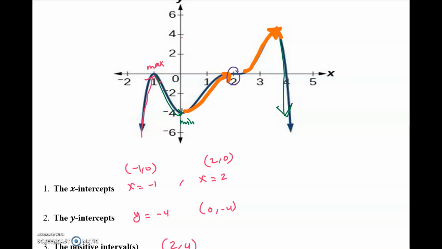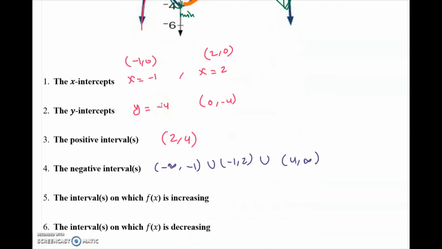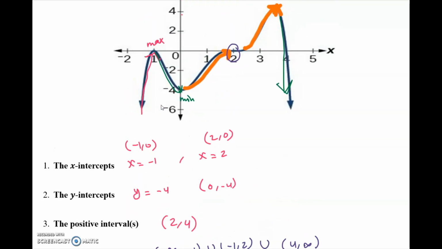So negative infinity all the way to 1 is increasing. The function was increasing, and then at this point we're not sure, it's not 0, it's something here. We can say 0.2 maybe. Look at the graph, guys, see, it is kind of here.